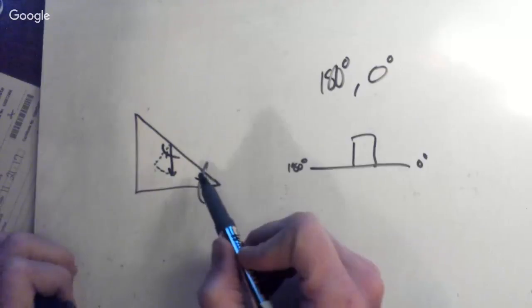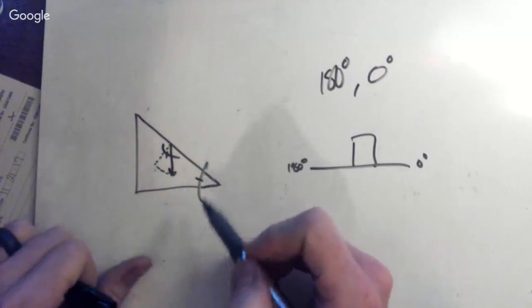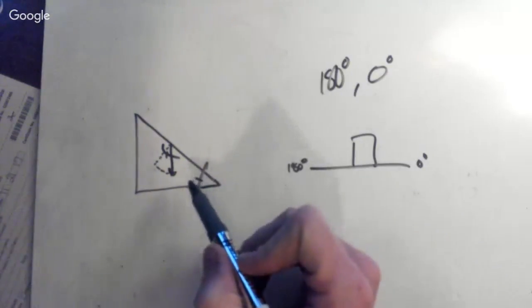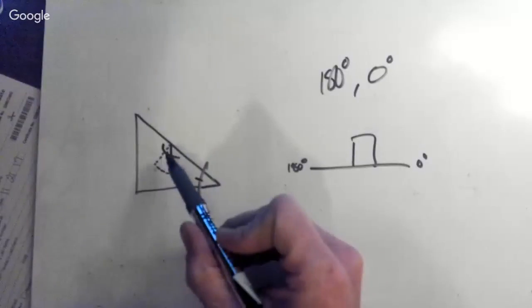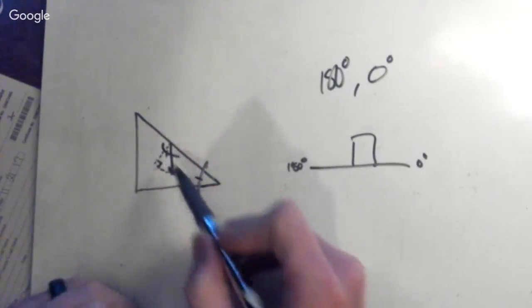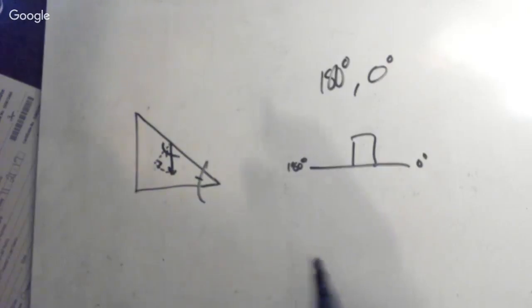If you draw your triangle some other way, that might change. But if you draw your triangles the way I drew my triangle, with the right angle there, these two will always be equal.